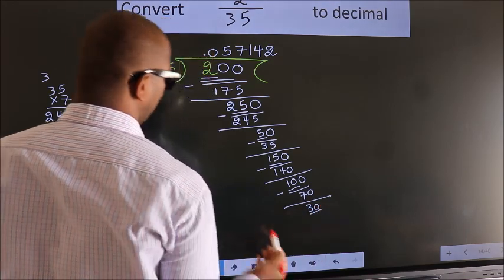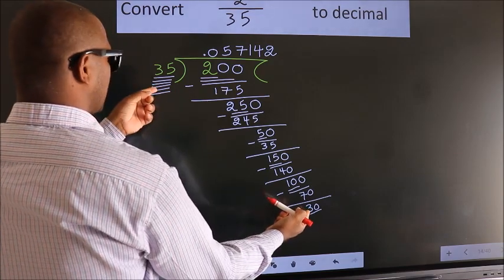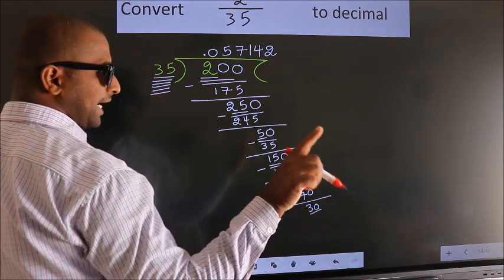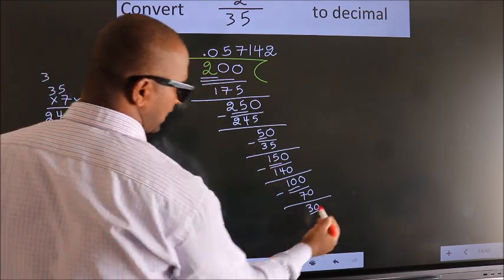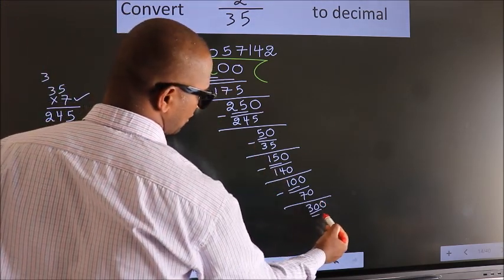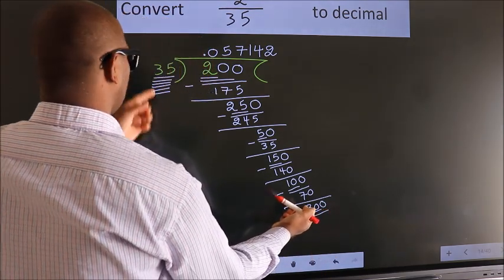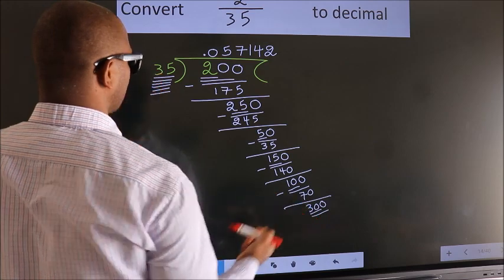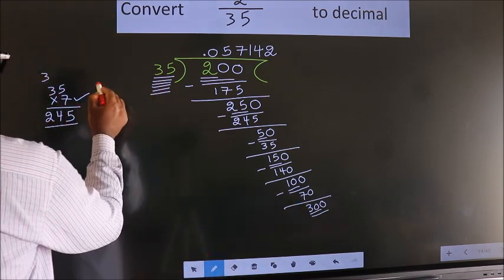Here we have 30, here 35. 30 smaller than 35, and we already have the decimal, so we can directly take 0. So 300. A number close to 300 in the 35 table is, let us go with 8.